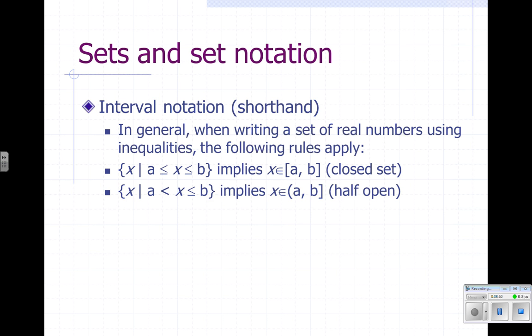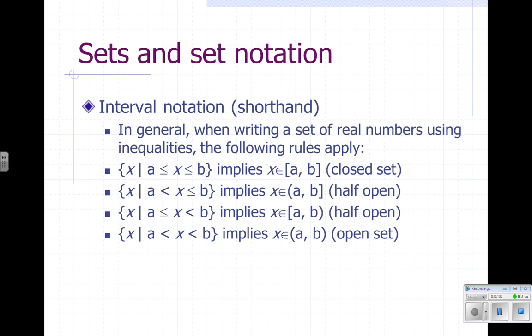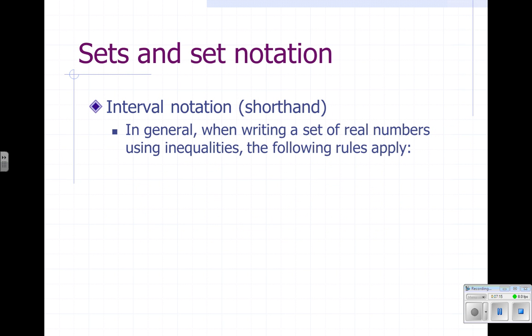For a half open set, we can write it one of two ways depending on which way the greater than or equal to symbol or less than or equal to symbol is. And for an open set, we're going to say the set of all x between a and b such that a and b are enclosed within two rounded brackets instead. So this is going to be a shorthand notation instead of having to write it on the number line each time. So there are some further rules.